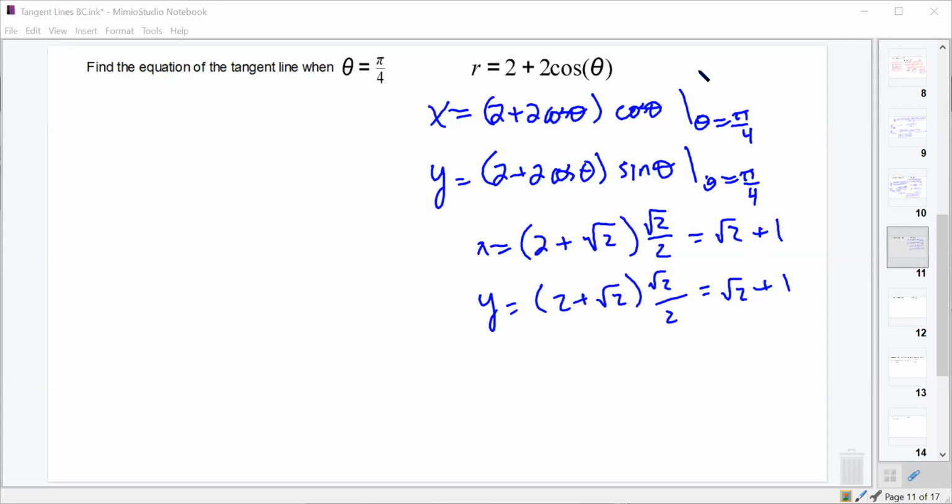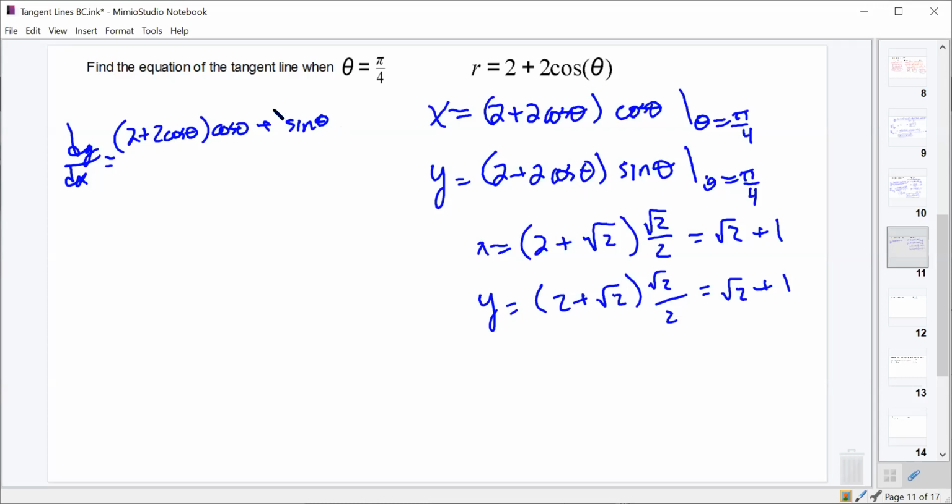All right. And then our dy dx. So dy d theta should be 2 plus 2 cosine theta times cosine theta plus sine theta times the derivative of 2 plus 2 cosine theta, which should be negative 2 sine theta.